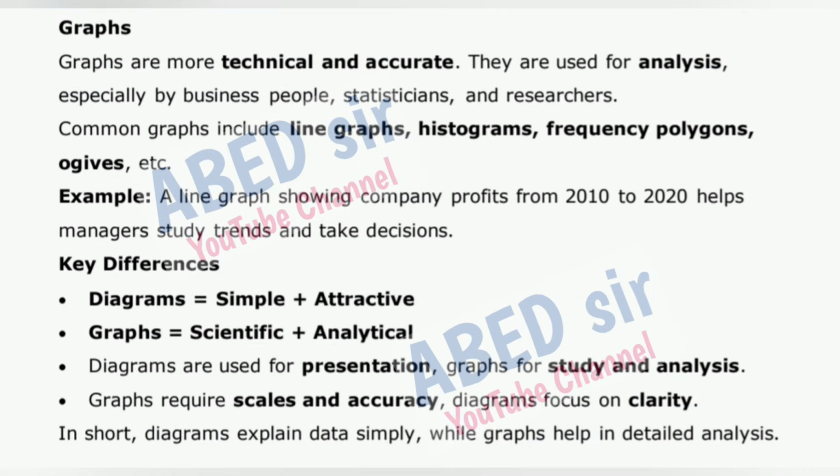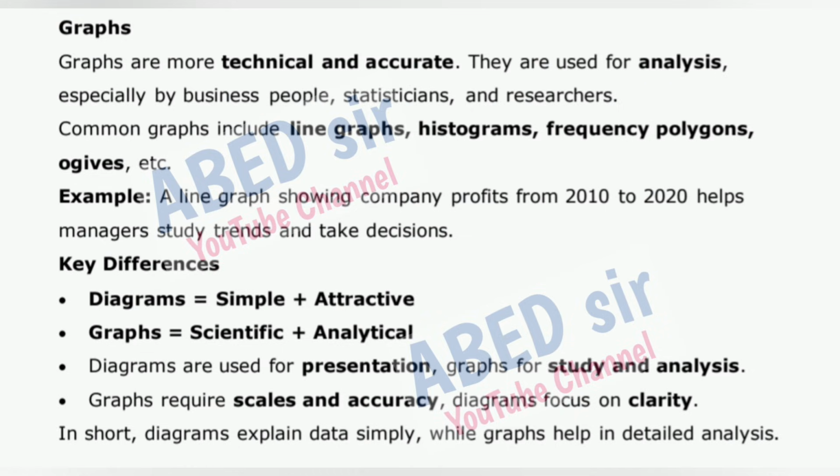Graphs are more technical and accurate. They are used for analysis, especially by business people, statisticians, and researchers. Common graphs include line graphs, histograms, frequency polygons, ogives, etc. Example: a line graph showing company profits from 2010 to 2020 helps managers study trends and take decisions.